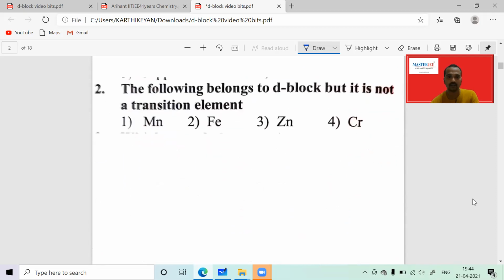Next, second question: the following belongs to the d block, but it is not a transition element.